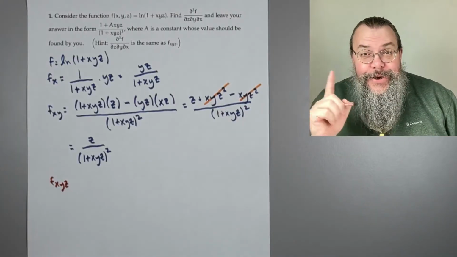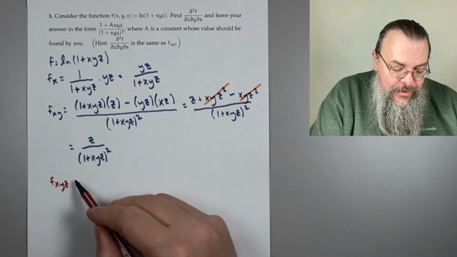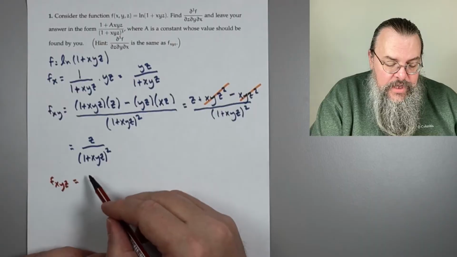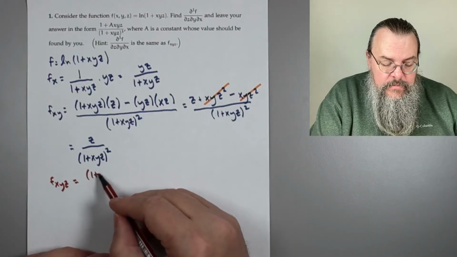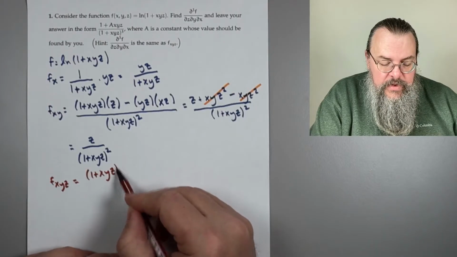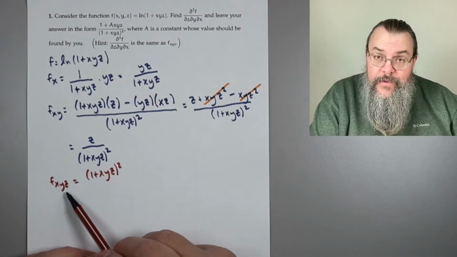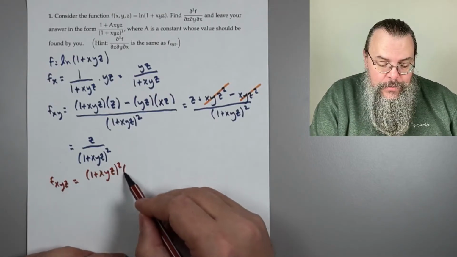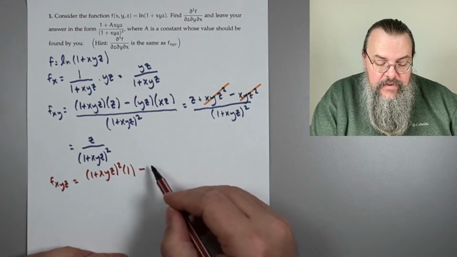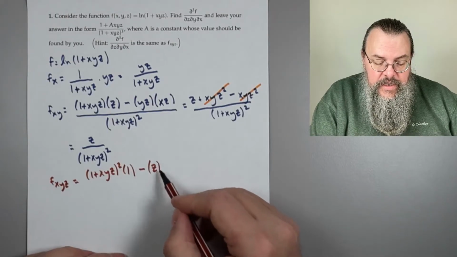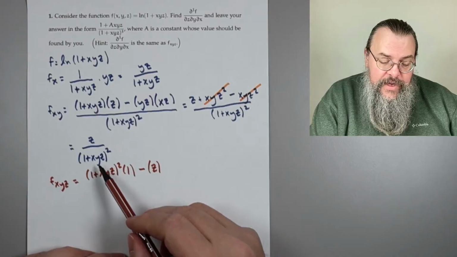So again, quotient rule. So what do we have? It's going to be the bottom, 1 plus xyz quantity squared, times the derivative of the top with respect to z, which is 1, minus the top, z, times the derivative of the bottom with respect to z.